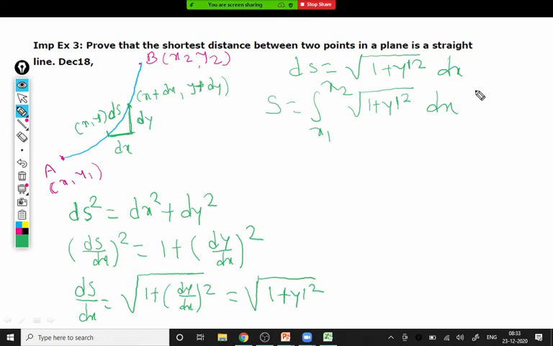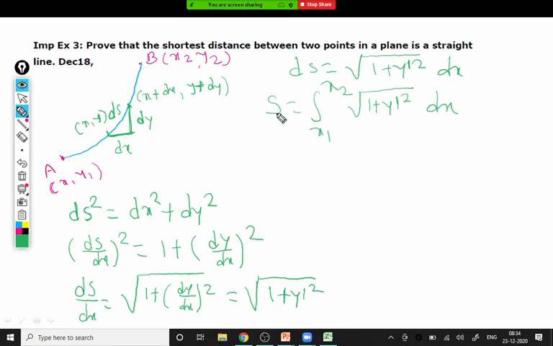And now our aim is to minimize the arc length. So this is the general arc length of any curve passing through A and B. Our aim is to find the curve. Now the question has changed: what is the curve passing through x1 y1 and x2 y2 for which that arc length s is a minimum? That means this distance s is a minimum.